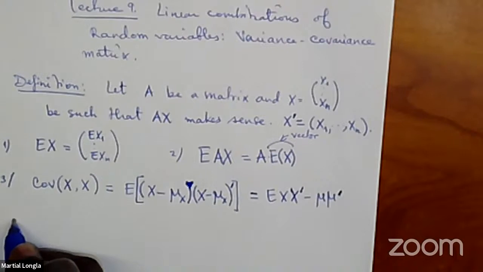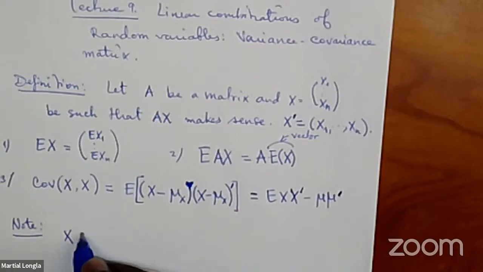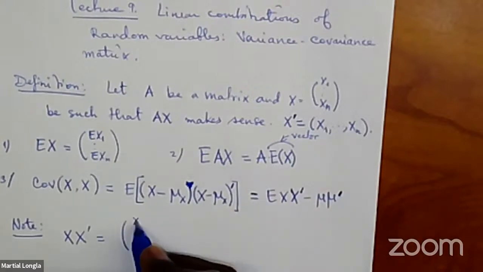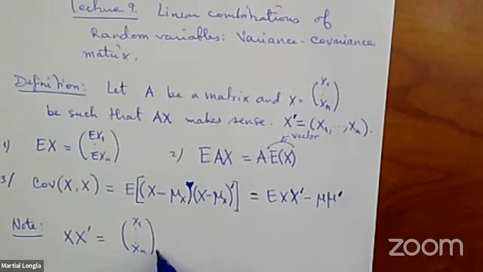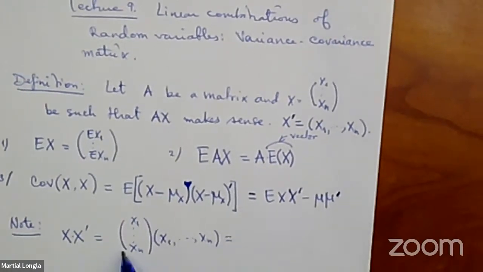Now, note that this is X, which is the vector x1 down to xn, and X transpose is x1 through xn as a row. So when you're multiplying X by X transpose, this is actually what you're doing.